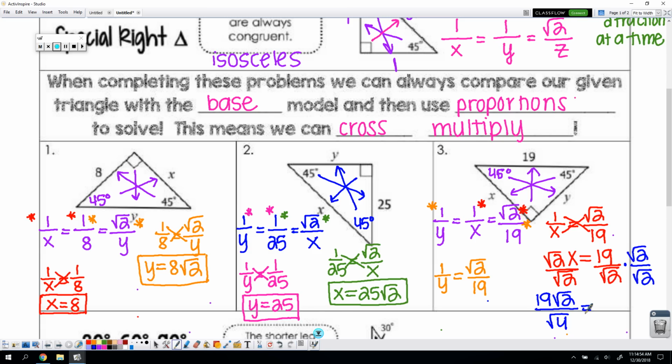Now our goal is to make sure that radical is no longer in the bottom. So that means that the square root of 4 must simplify. So we have 19 square root 2. The square root of 4 is 2.